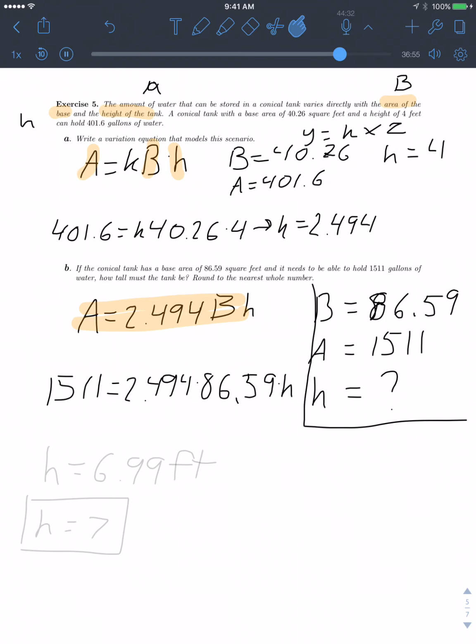Now we have an equation involving nothing but a bunch of numbers and h. So if I divide out everything that isn't h, we can see that h would have to be 6.99 feet. In other words, h, since we want to round, should be 7.